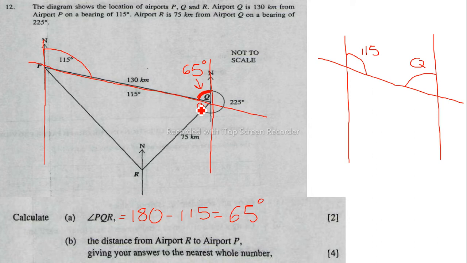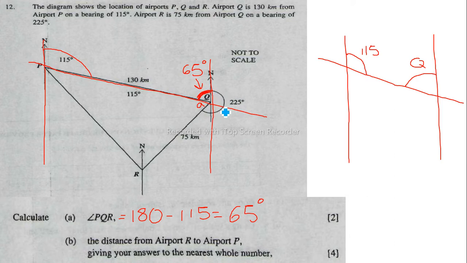So 225 is also the angle under A. This whole thing is 225, so it's a reflex angle, even with a line going through it. Think about it, Mr. Becker.